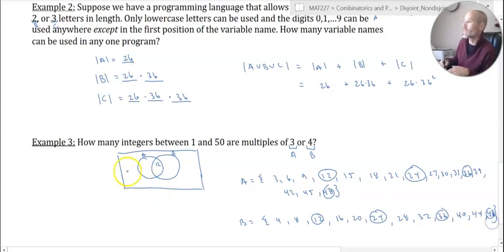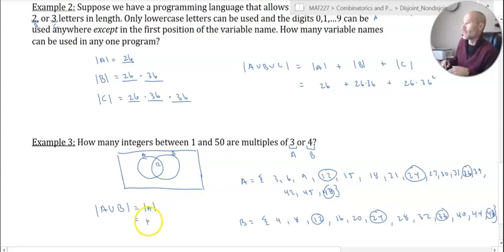So in this case, we'd have to say that the number of numbers that are multiples of 3 or 4 is the number of multiples of 3, which is 1, 2, 3, 4, 5, 6, 7, 8, 9, 10, 11, 12, 13, 14, 15, 16.